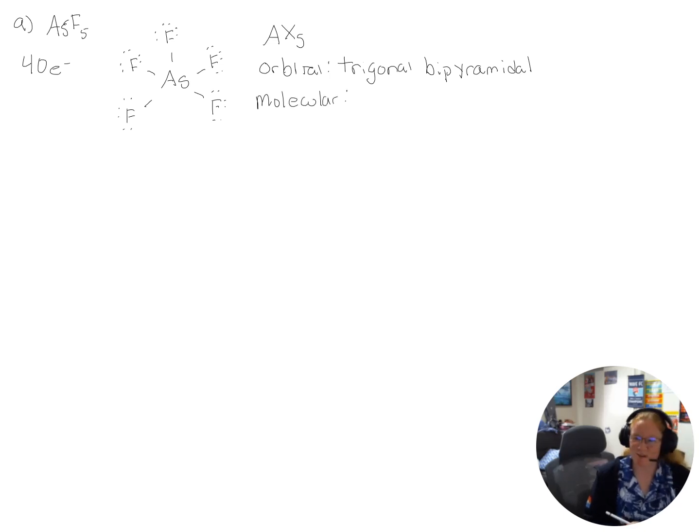So my orbital geometry is trigonal bipyramidal, and my molecular geometry is also trigonal bipyramidal because everything's bonding.